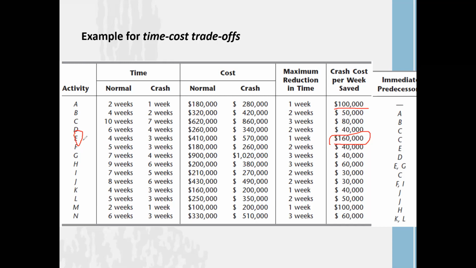Well, if you want to expedite the project completion and you decide to expedite activity E, originally it takes 4 weeks, but you try to complete it in 3 weeks. That means you can reduce it by only 1 week. But once you are trying to reduce the completion of activity E from 4 weeks to 3 weeks, you have to incur an additional $160,000. You can see that is the largest amount of additional cost in this project, right?